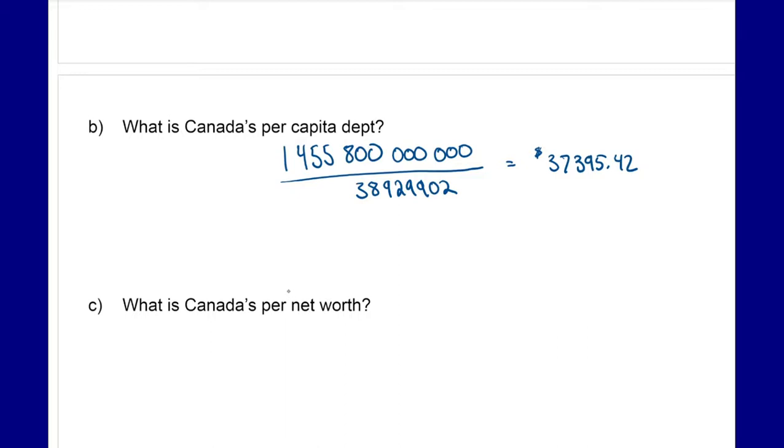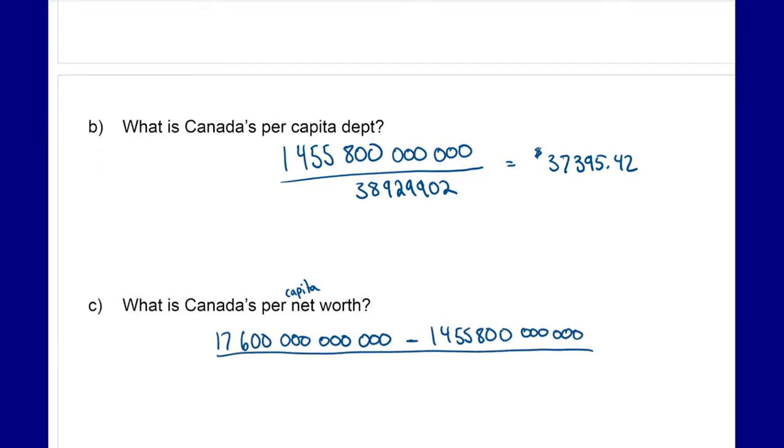What is Canada's per capita net worth? Well, the net worth, remember, is the wealth, so the 17.6 trillion, minus the debt, so the 1.455 or 0.4558 trillion, all divided by, again, because it's per capita, the population.